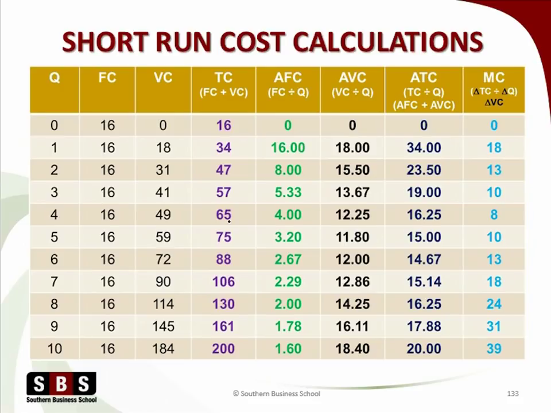If that number was 2, not 1, the difference between total cost is 18. Divided by 2, that number would have been 9. Do you understand that? Yeah, because there will be tables about this.